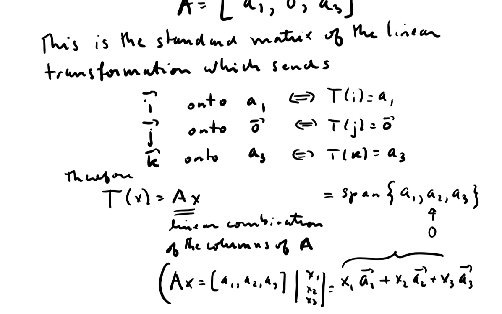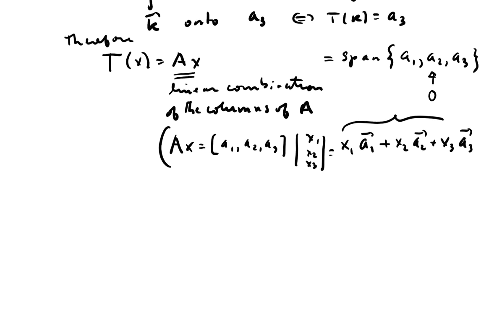So the span of my columns is just the span of a1 and a3, which is a plane. It's a plane or a line: if a1 and a3 are linearly independent, it's a plane.